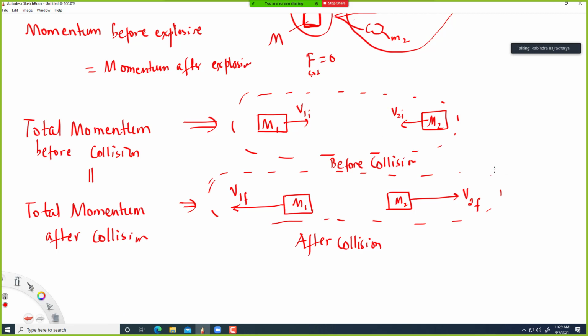Nothing is pushing or pulling the objects. So that's the conservation of momentum.